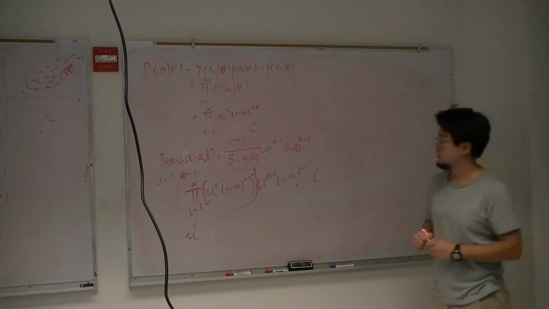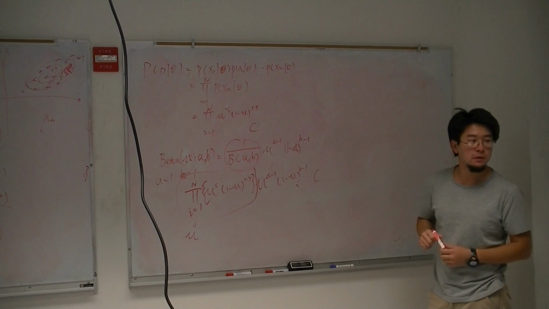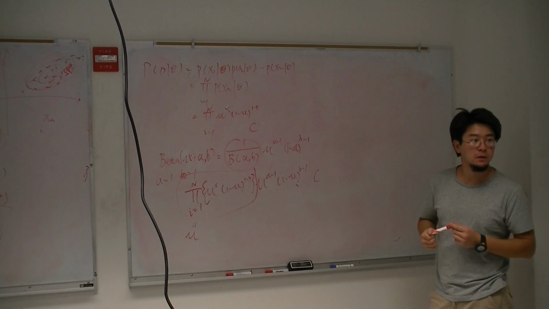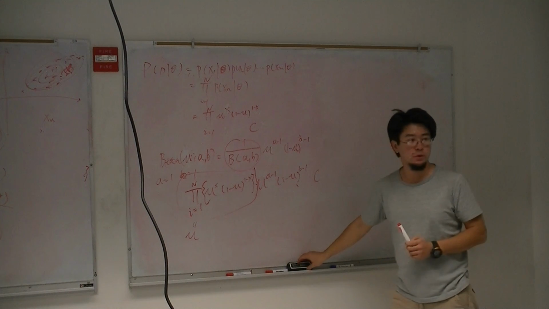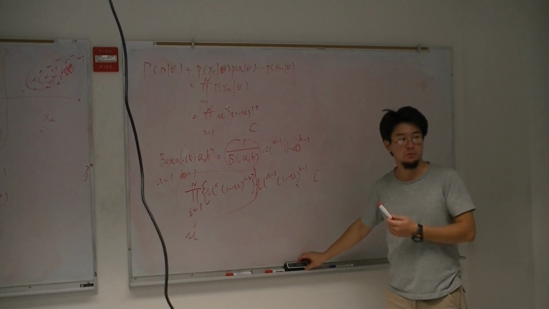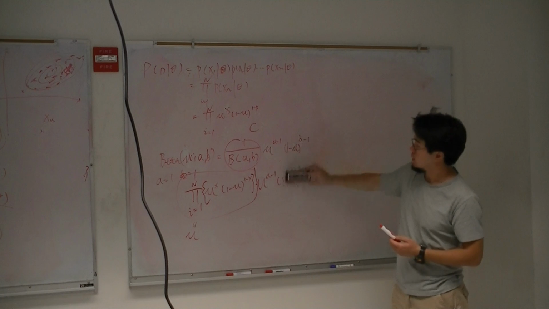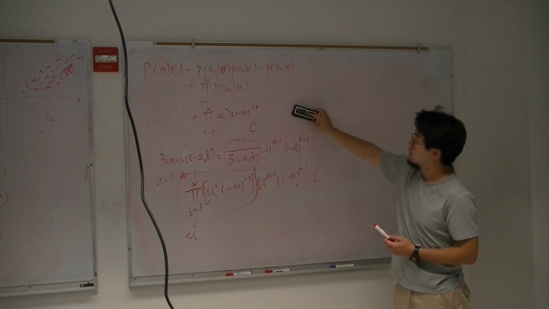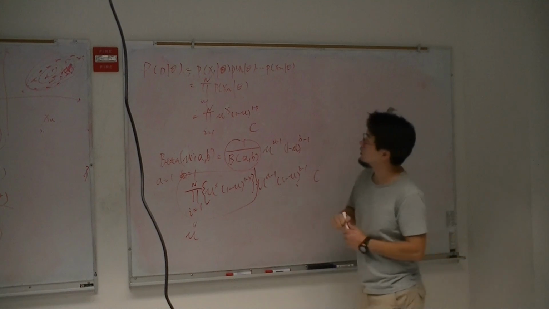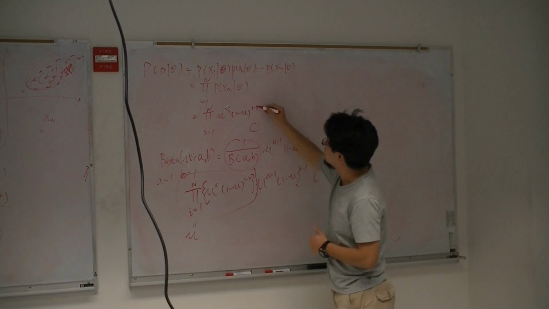So instead it should be 1 minus mu to the n minus x. I'm going to write that. I mean the equation before, the third line. Do you want 1 minus x or n minus x?